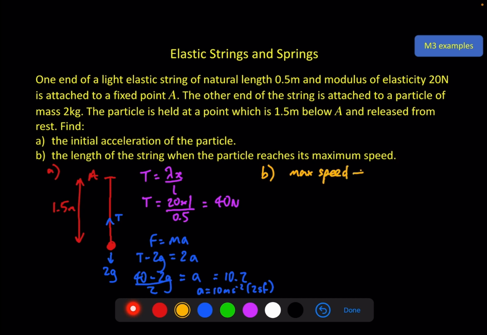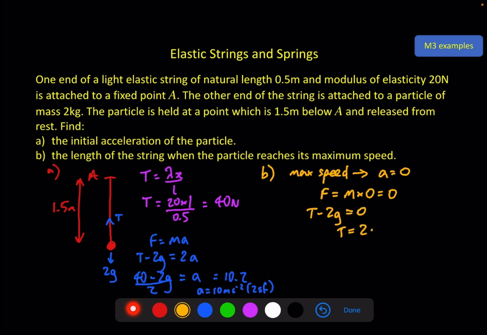So for part B, maximum speed is telling us a equals 0. When that happens, obviously F equals ma is m times 0, which is 0. So the resultant force, which we know is T minus 2g, must equal 0.